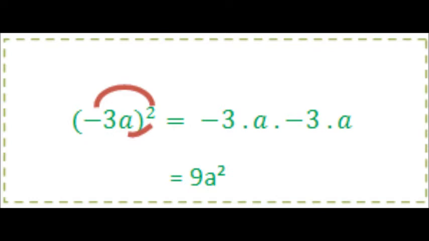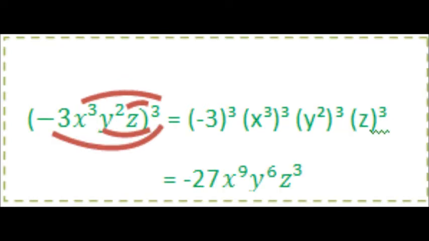Negative 3 and a will be raised by 2 to have the product of negative 3 squared and a squared, or 9a squared. Number 2. Negative 3x cubed y squared z all raised to 3 equals negative 27 x to the 9th power y to the 6th power z cubed.